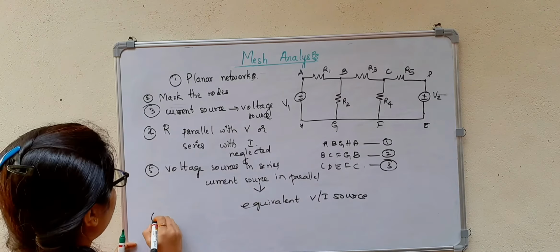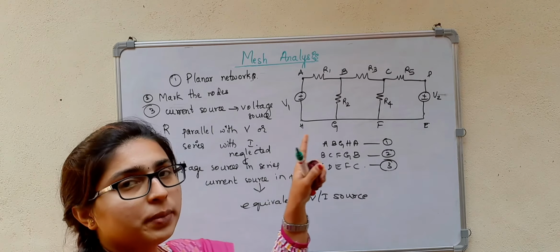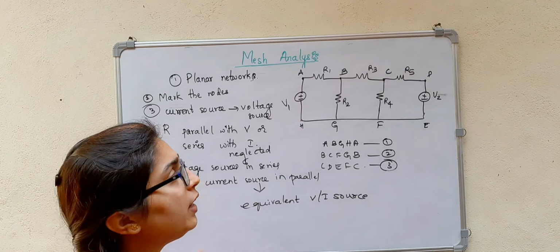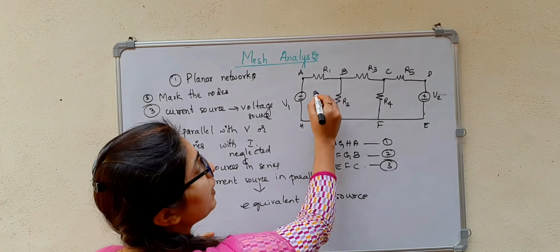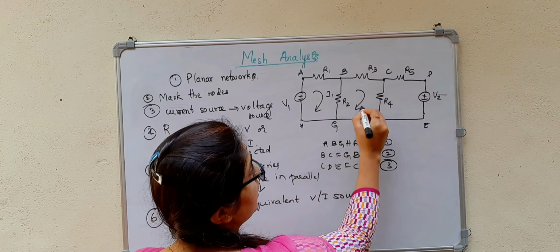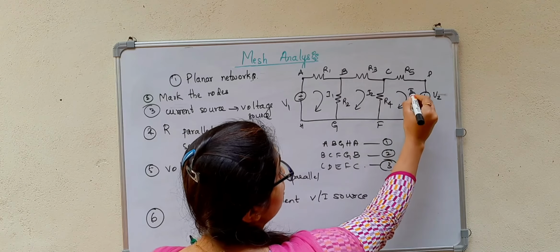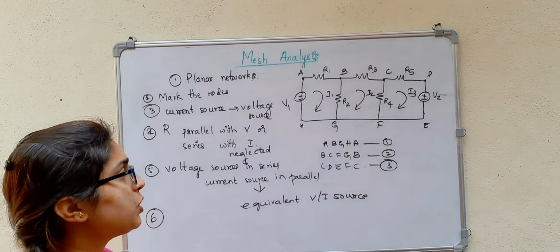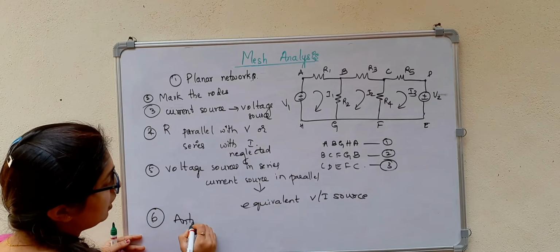And next, assume the mesh currents either in the clockwise direction or in the anti-clockwise direction. But we will be assuming the mesh currents in the clockwise direction throughout. So these I1, I2, I3 are the mesh currents.